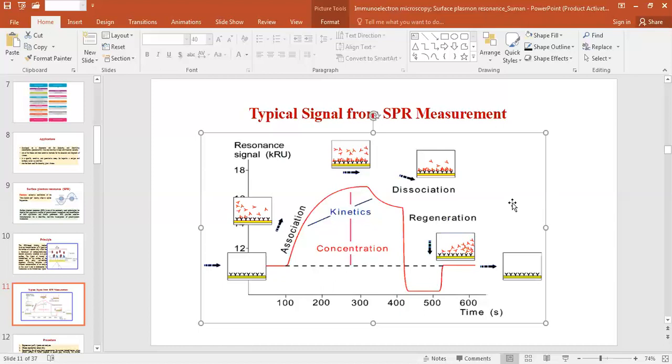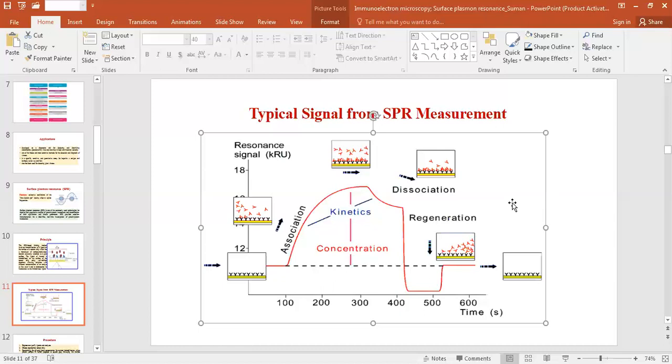The analyte concentration should be confirmed before the final SPR experiment, which is critical for the experiment. The concentration range should span 10 times below the dissociation constant and 10 times above the dissociation constant.